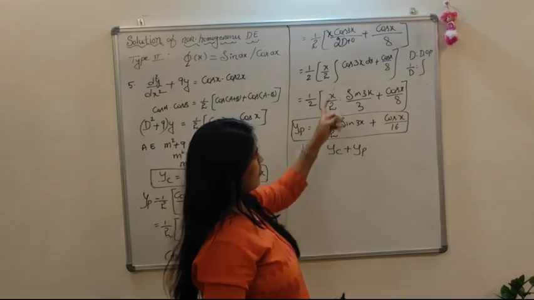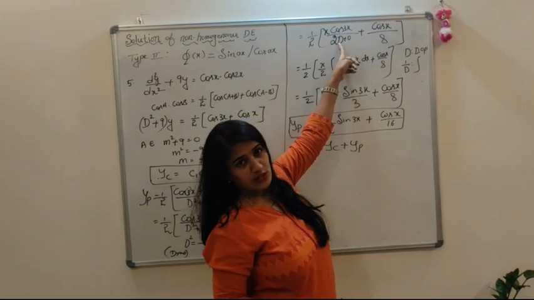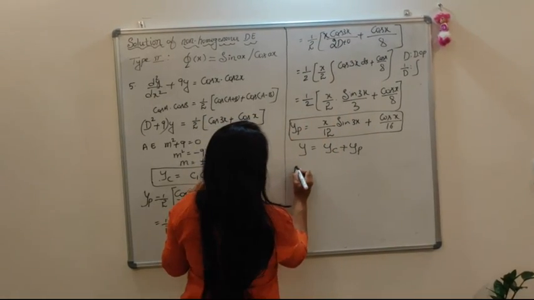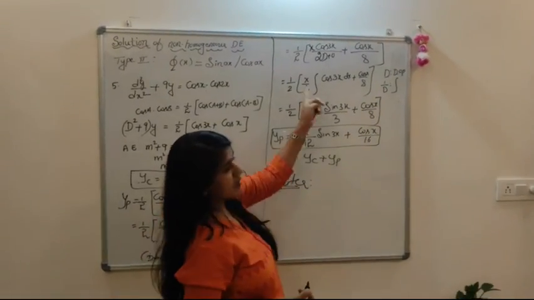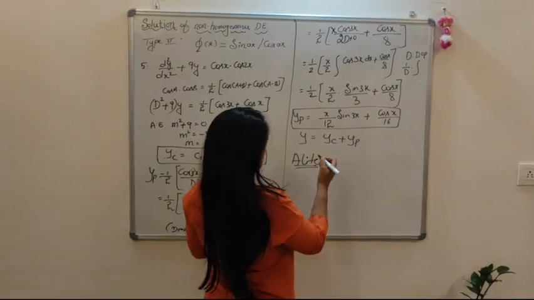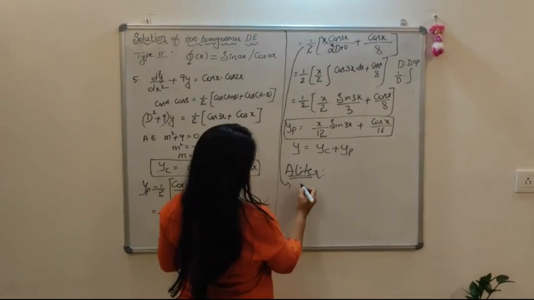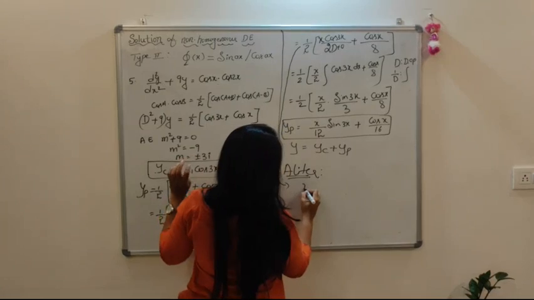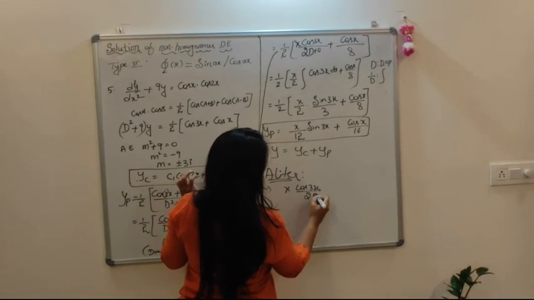Here I said that instead of using integration, we can do it in another method also. If you want, you can follow that also, instead of taking the inverse differential operator. I'll take from this step. Actually I am taking only the term x into cos 3x divided by 2D.